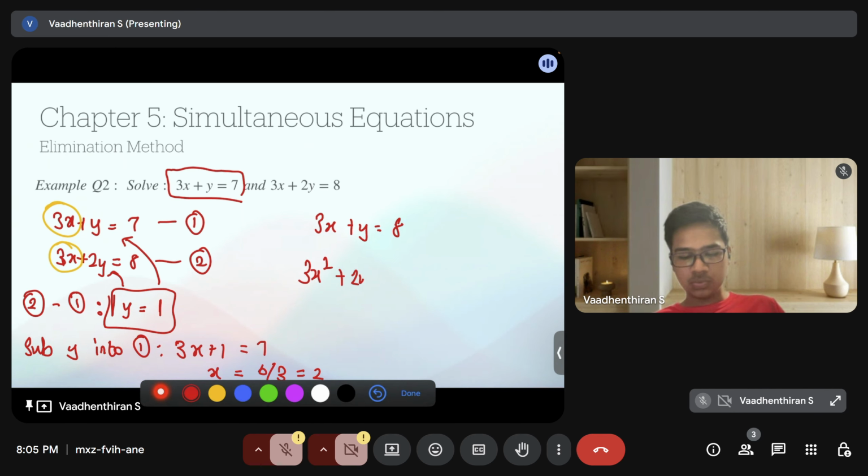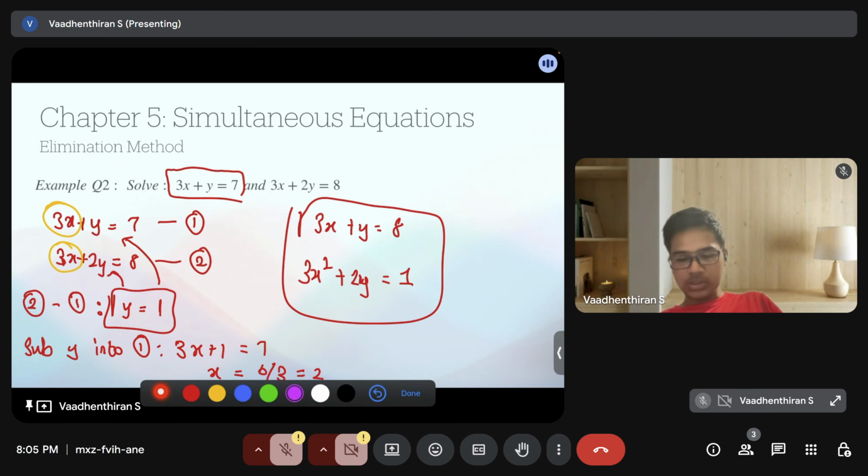So let's say one of them is 2y equals 1. When you do this, the only method you can use is substitution, because there are no terms which are common. You can say that y equals 8 minus 3x, then substitute 8 minus 3x as y here and solve it as a quadratic equation.